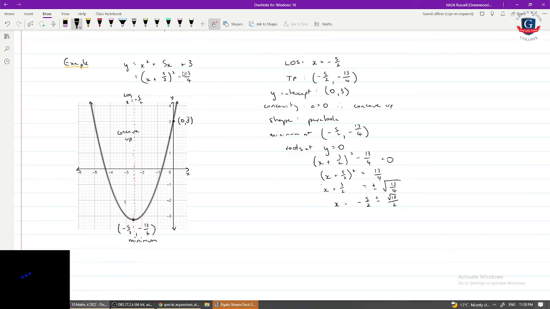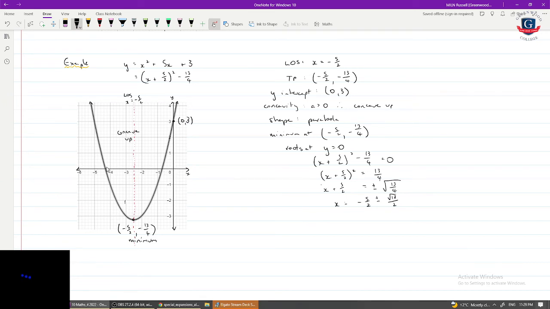Here's our x squared plus 5x plus 3 equation again, and here's the turning point form that we discovered. And again, we can find all the different features, but now we do have roots because the minimum is below the x-axis and it's concave up. So we know that the roots are going to be when y is 0.